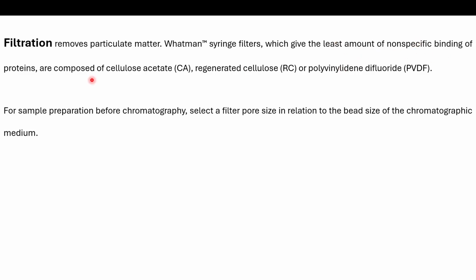The least amount of non-specific binding is shown by cellulose acetate, regenerated cellulose, or PVDF, polyvinylidene difluoride. So for sample prep before chromatography, a suitable filter pore size should be chosen, keeping in mind the bead size of the chromatographic medium. What are the packed pore diameters or matrix pores? What is the dimension that has to be kept in mind while filtering your sample?